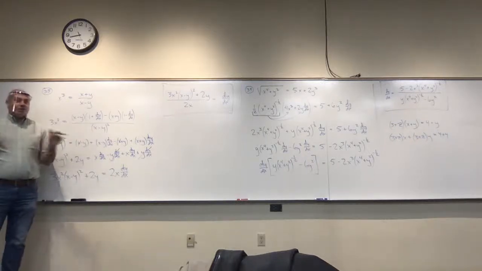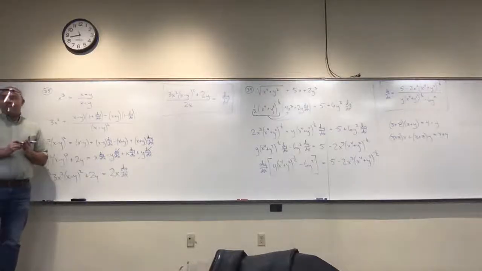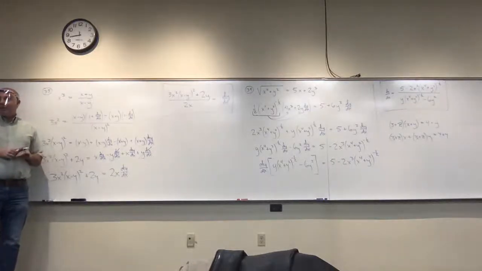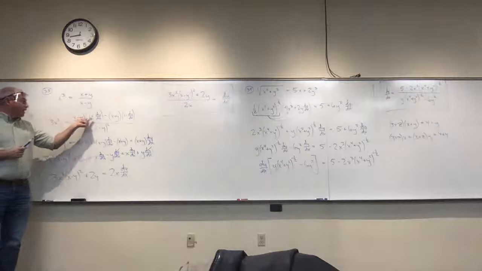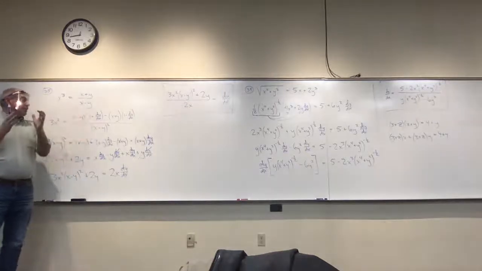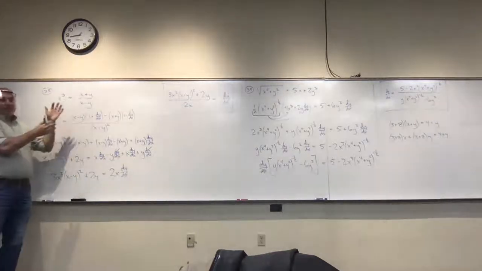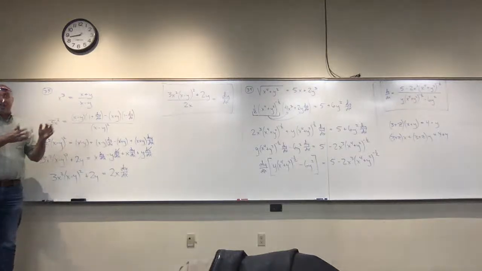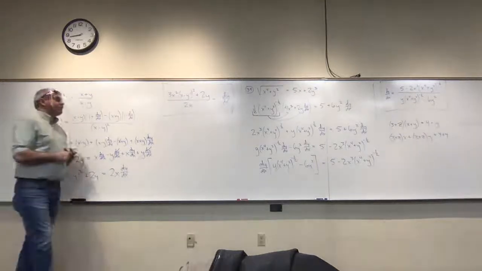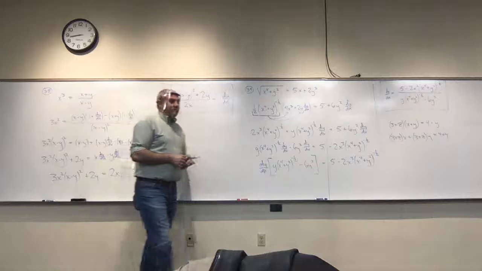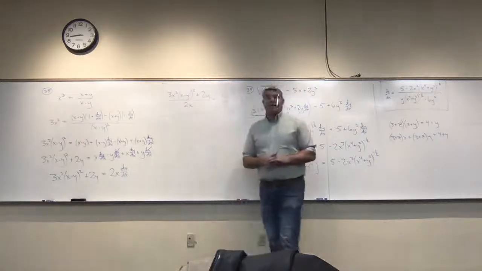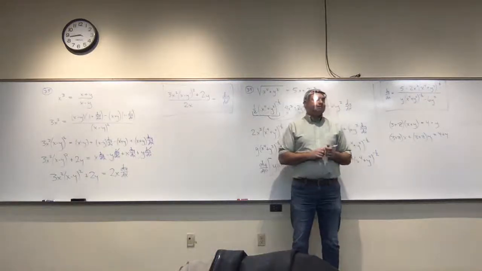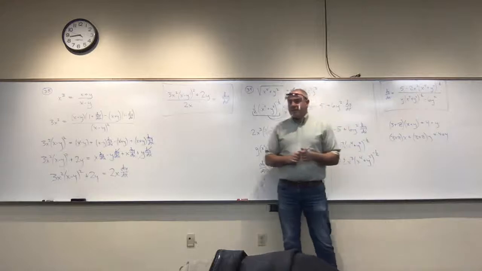Don't be cute. There's no way out of some nasty algebra on these problems. You just have to multiply it out, get the dy/dx's together, get everything else on the other side, and then divide. So it's the same every time, but I agree the algebra can be a little bit nasty.